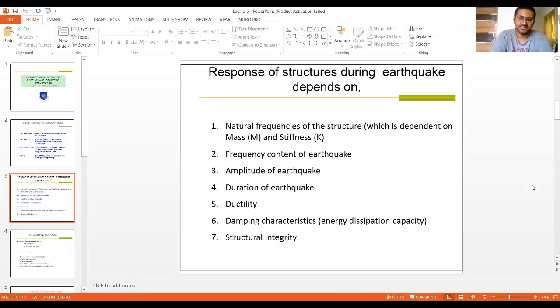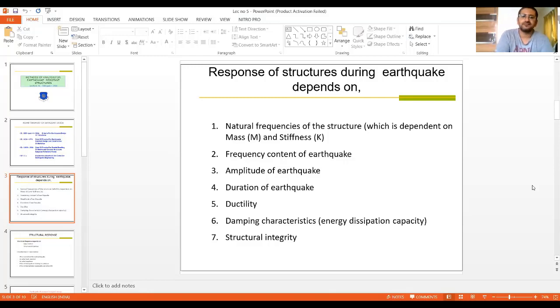The first parameter is the natural frequency of the structure, which depends on the mass and the stiffness. As we know from structural dynamics, the natural frequency is directly related to mass and stiffness, that is omega is equal to the square root of k by m. So if the mass changes, the natural frequency is going to change accordingly.